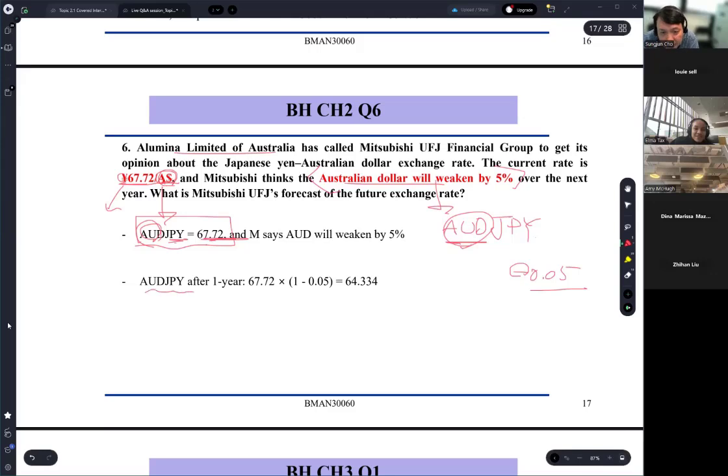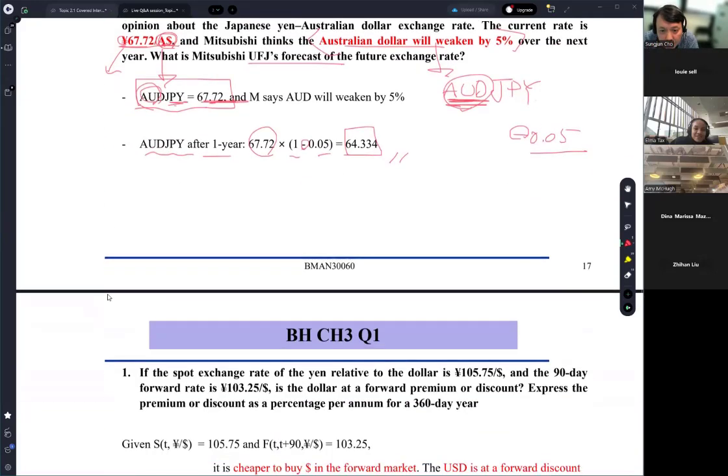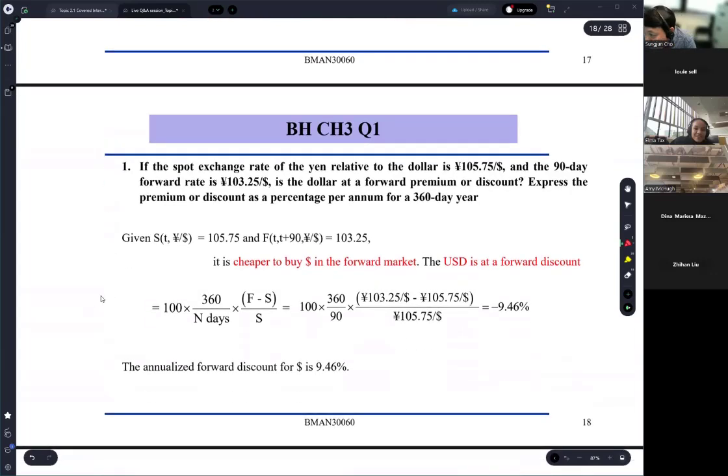So AUD/JPY after 1 year is going to be the current exchange rate times 1 minus 0.05, because the AUD will depreciate. So this is the number. This is almost the same as the previous forecast question, so I don't have to repeat my explanation on that.